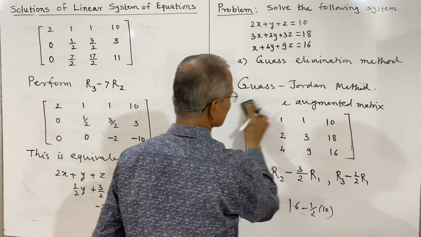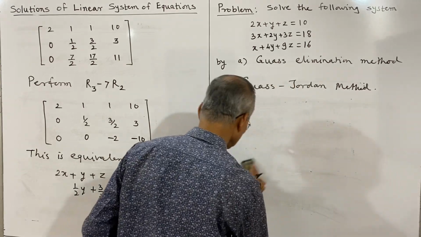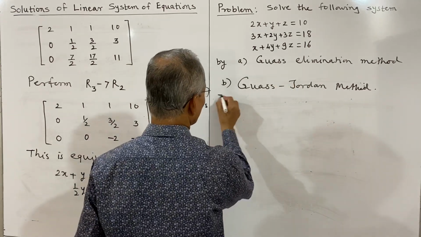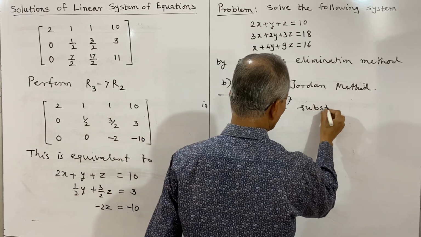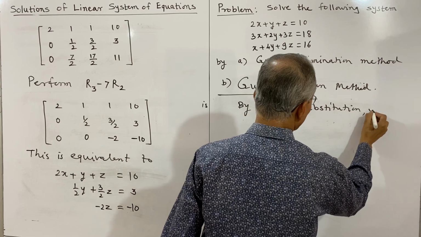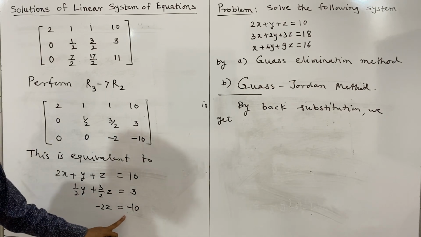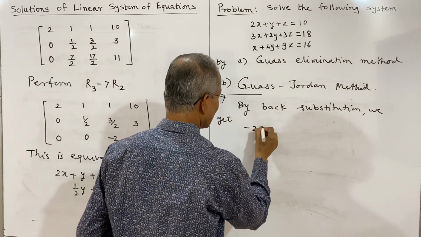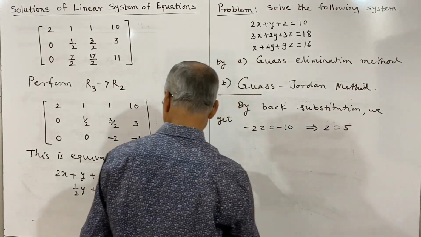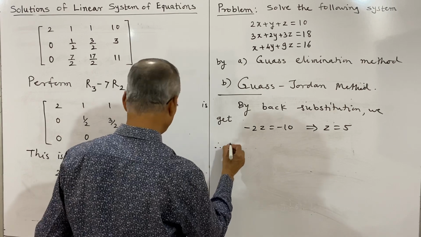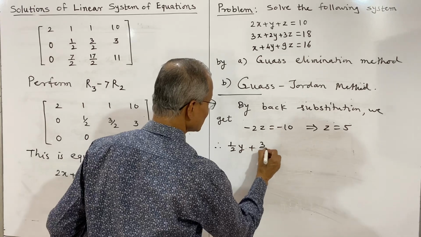So by back substitution, we get from the last equation minus 2z is equal to minus 10, this implies z is equal to 5, and therefore from the second equation, half y plus 3 by 2 z, what is z?